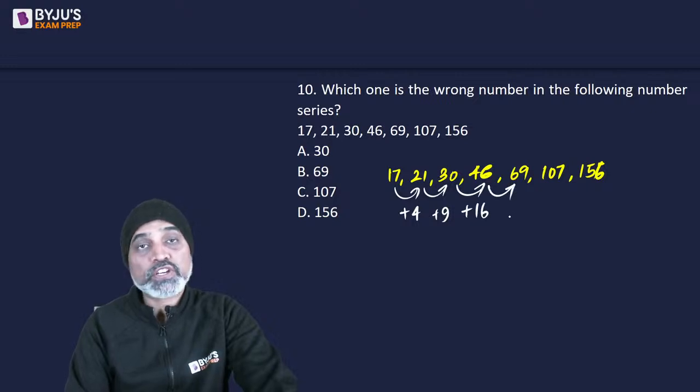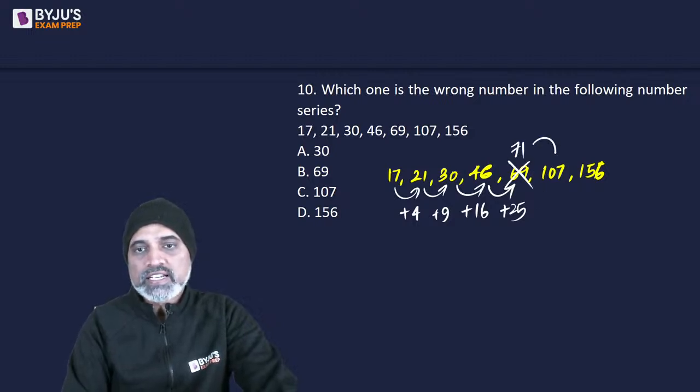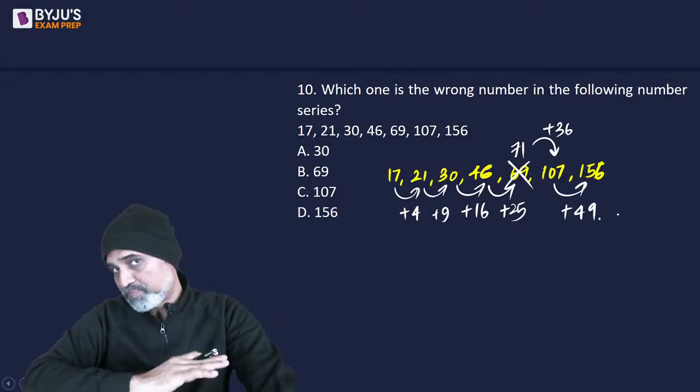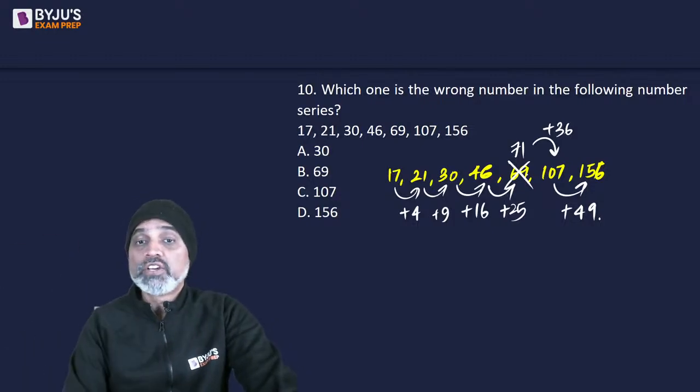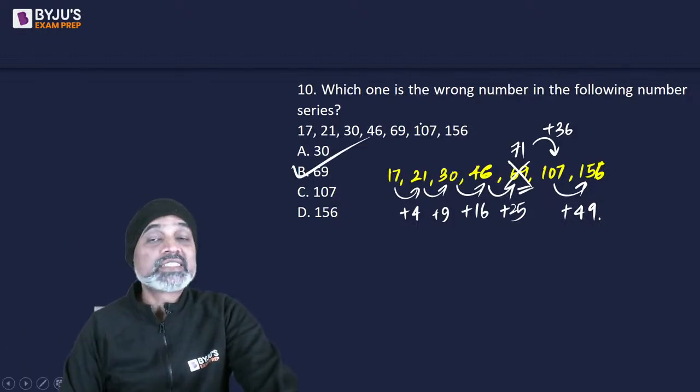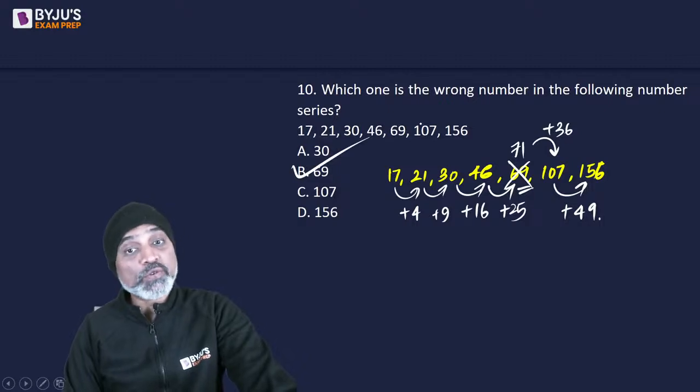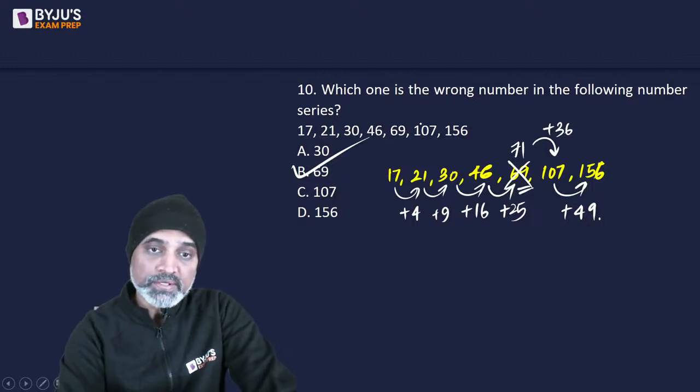So change of perfect squares. The next change should be that of 25, as in it should be equal to 71, such that 71 to 107, that's a change of 36, and 107 to 156, that's a change of 49. So it makes sense until the end. So the problem lies in the number 69. It should have been rather 71, right?